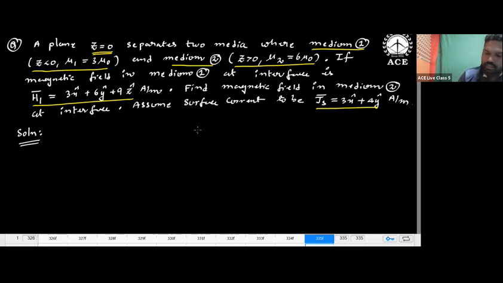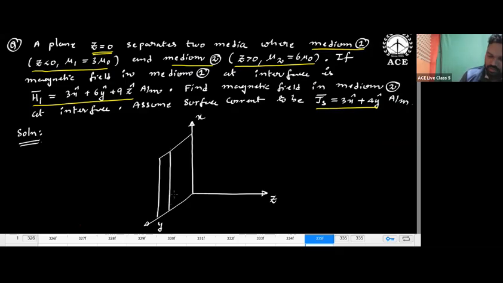Yes, let me draw the coordinate system here. Here it is x-axis, here it is y-axis, here it is z-axis. Okay, beta. Here it is medium 1, with the medium parameters mu1 is equal to 3 mu naught.